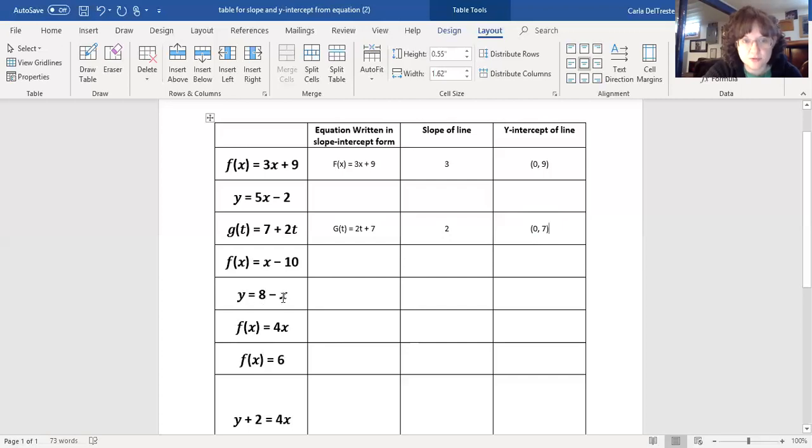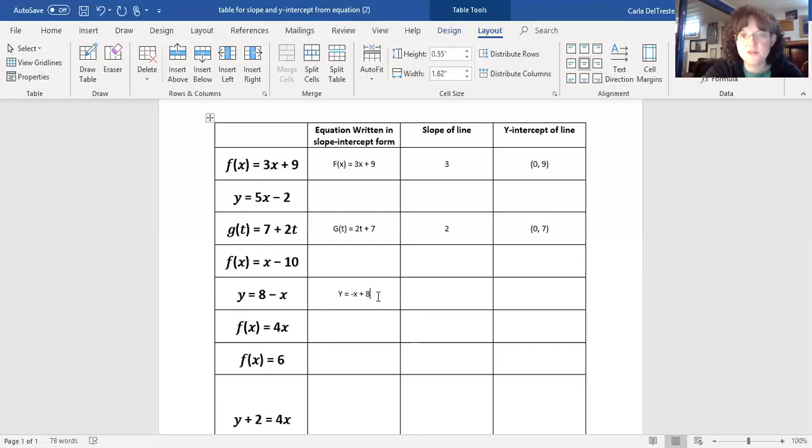So let's go to this one, y equals 8 minus x. Again, I have that same problem. This doesn't look like mx plus b because my variable term is not listed first. So I want to fix that. I have to rearrange those terms. So this is y equals negative x, because the sign has to stay, plus 8.